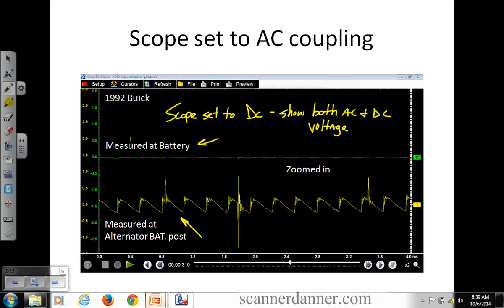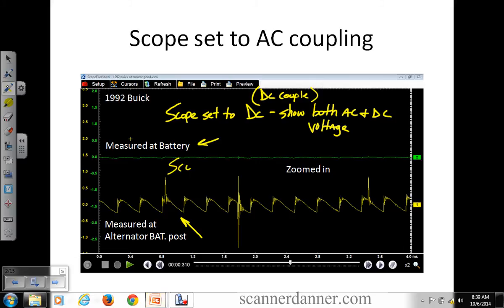The answer is no. A scope set to a DC voltage scale, also known as DC coupling, is another term that you'll see. If I DC couple a scope, maybe couple would be better, that's how my Pico is worded, DC volts will show both AC and DC voltage.